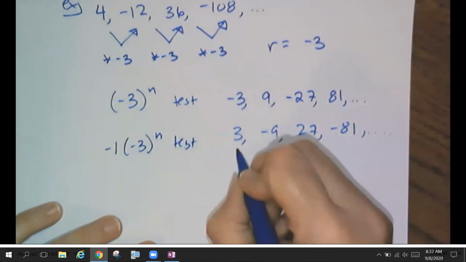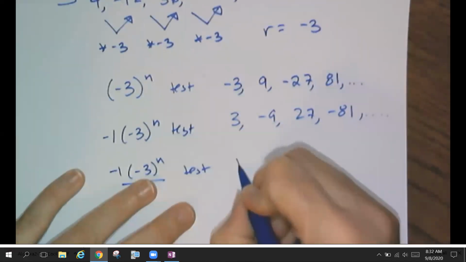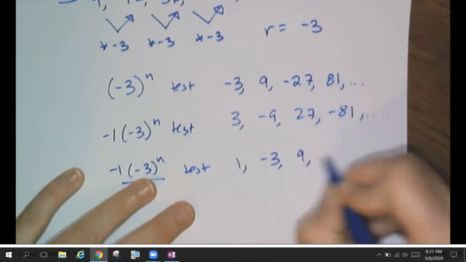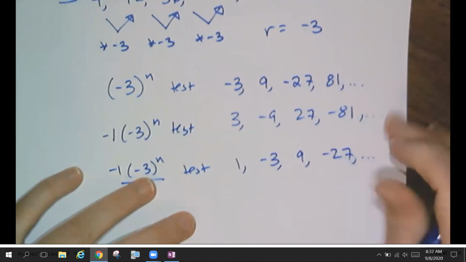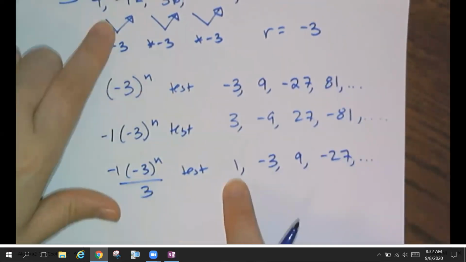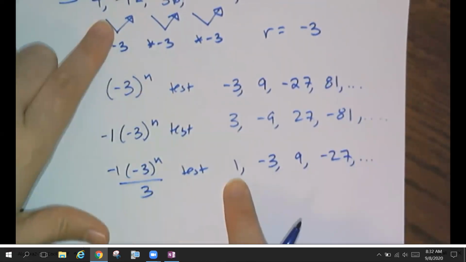So if I divide this sequence by 3, I get a 1, a -3, a 9, and then a -27. And now it's really easy to turn a 1 into a 4, right? All I have to do is multiply it by 4.